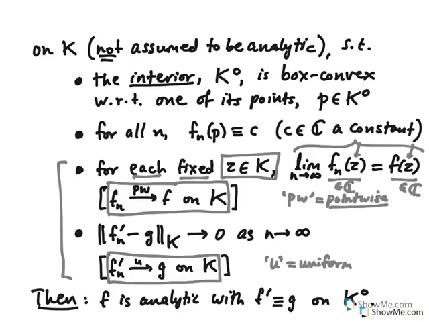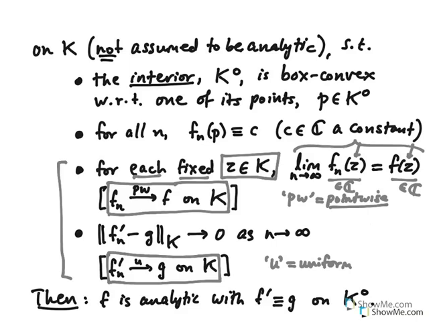Now, you see what that means is that at each individual point z, you have this convergence happening. Fn of z is approaching f of z. But if I move to a different point in the same region, the convergence may happen a lot more slowly. So I might get a very rapid type of convergence at one point in K, and then if I move to another point in K, I may get a glacially slow convergence.